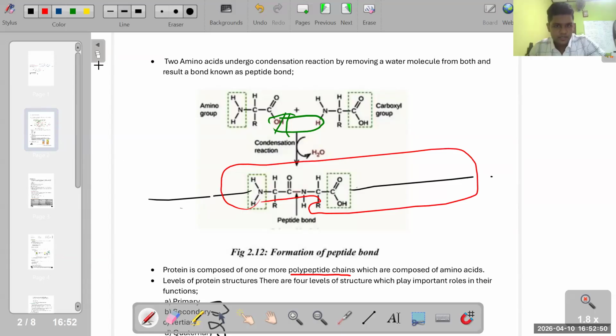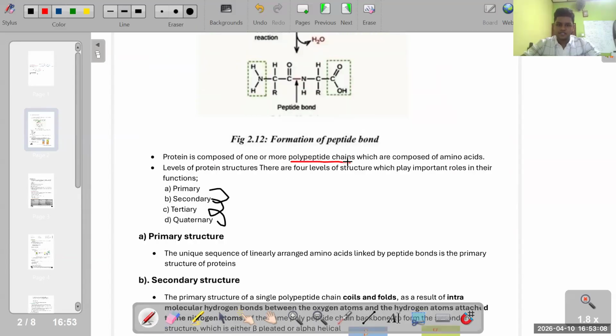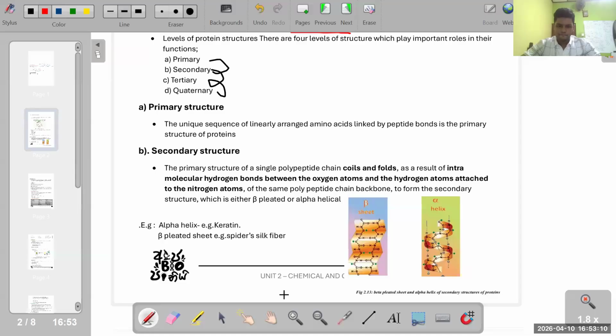Exclude this R part, so the top part becomes the backbone. Is the first part clear? Now, if I explain this, it would be a bit confusing for you. Did you get the first explanation, which I explained a few minutes ago?